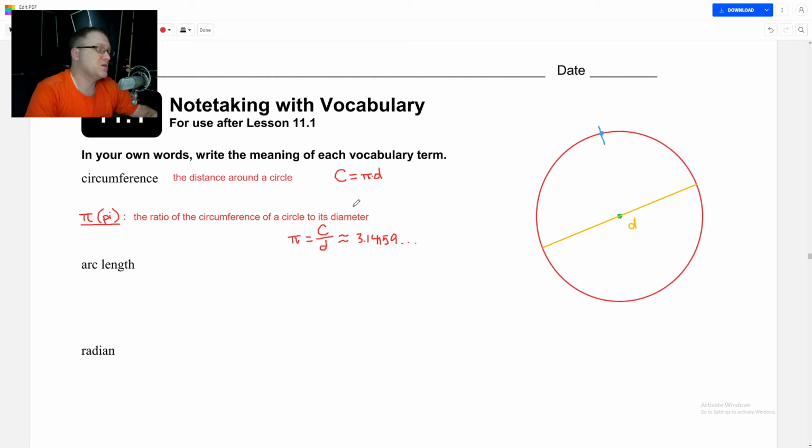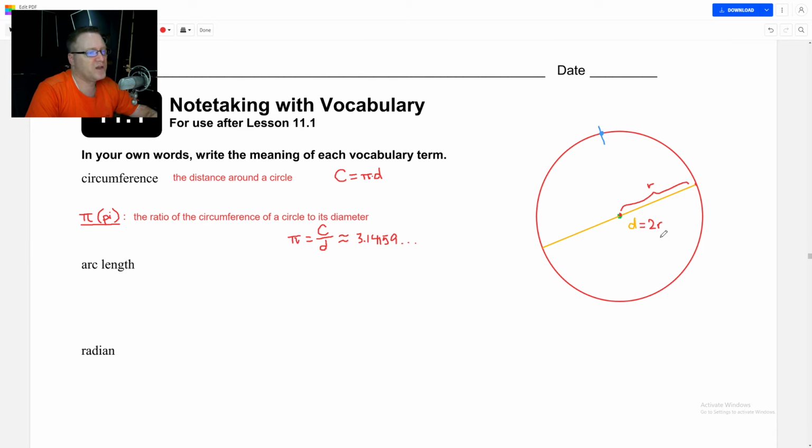Also, we know that d equals 2 times the radius. Remember, the radius is this distance. If I start from here and go to here, this distance is called r, the radius.